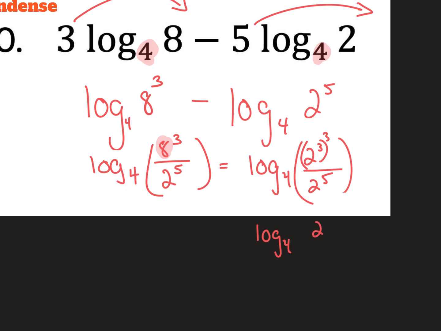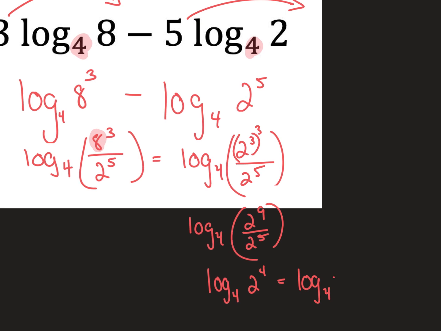So it's actually 2 to the 9th over 2 to the 5th, which is, keep your base, subtract your exponents, 2 to the 4th. So now I have log base 4 of 2 to the 4th, or log base 4 of 16. So 4 to what power is 16? That's going to be 2.